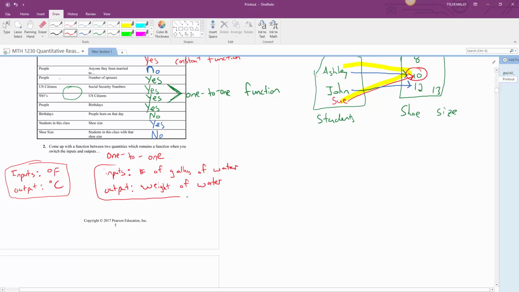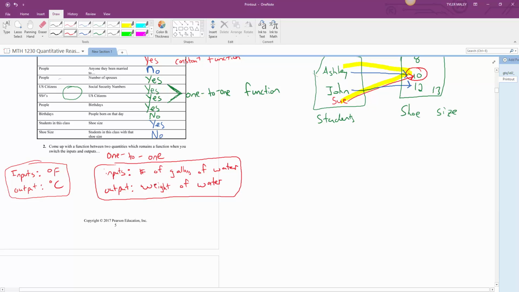So this would also be another example. If I could come up with an equation essentially, and I know the number of gallons of water, then I could figure out the weight of the water, or vice versa. If I know the weight of the water, I could use that information to figure out how many gallons of water you have.